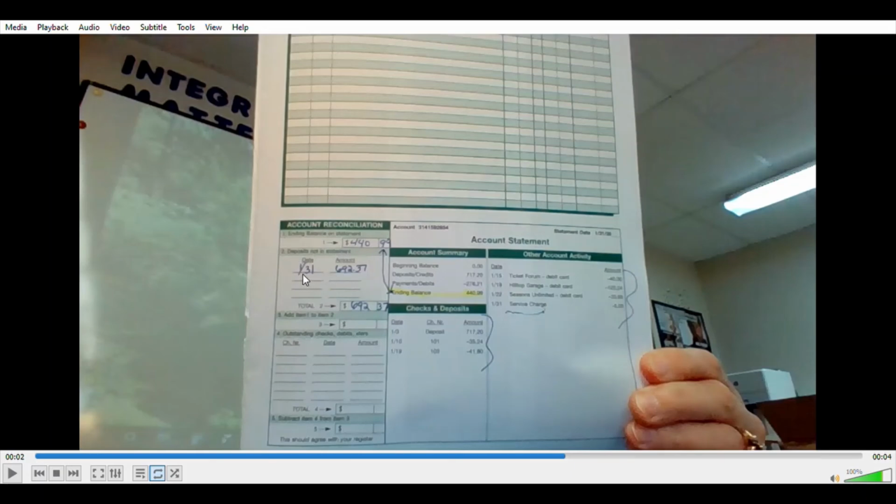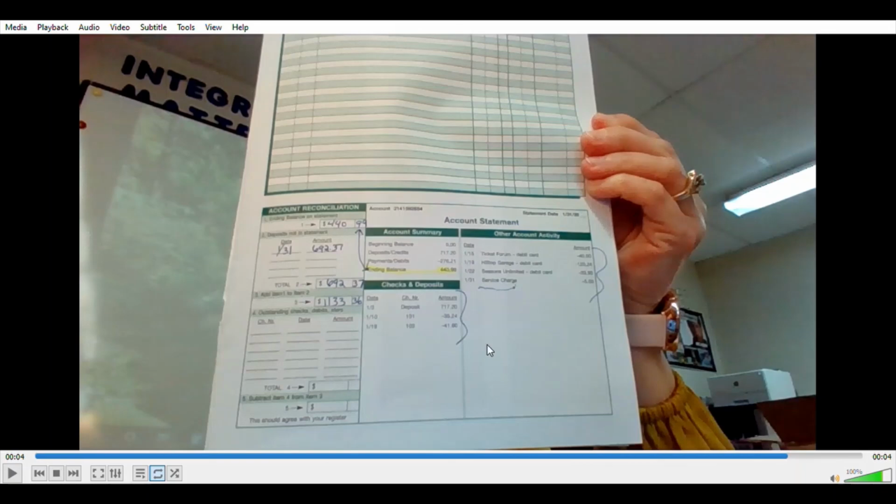I put the date of the deposit that did not show up on the account statement. It's sitting out there on Google Sheets without an X next to it. The deposit is dated January 31st, which is where you see this number. The amount is $692.37. And so down in box 2, you will write $692.37. At this point, this is what your account reconciliation form should look like.